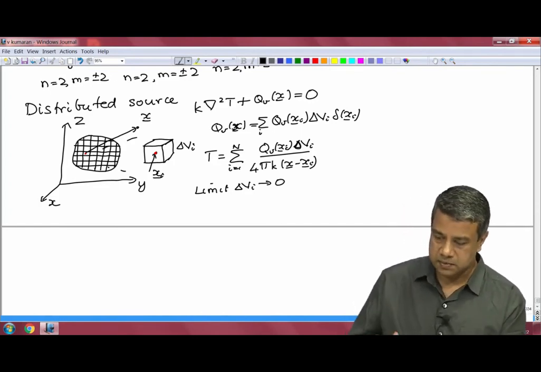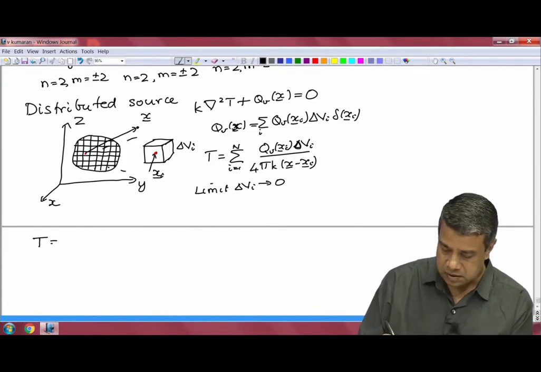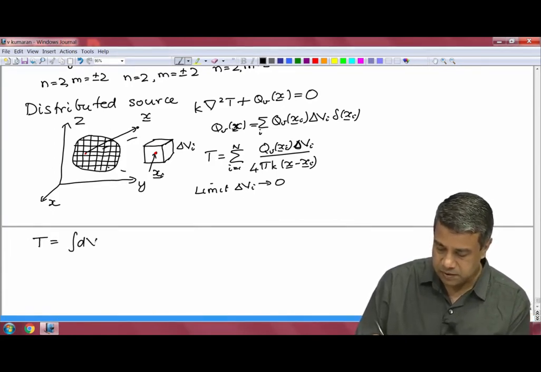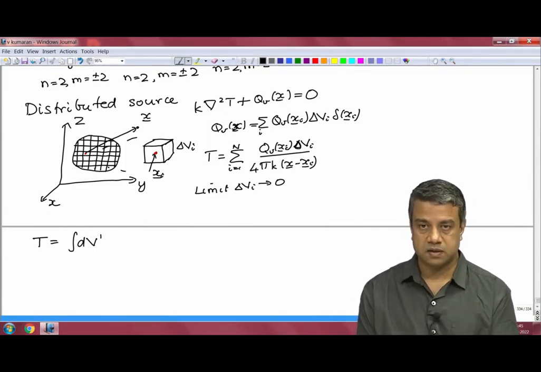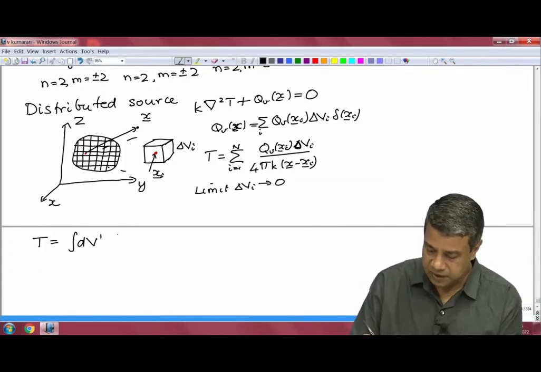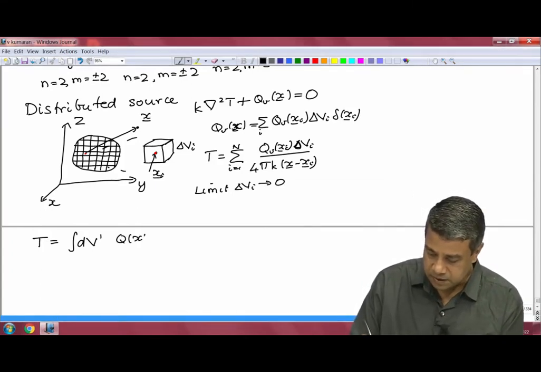The integral is over dV prime, where the integral is over the location of the source of q of x prime.